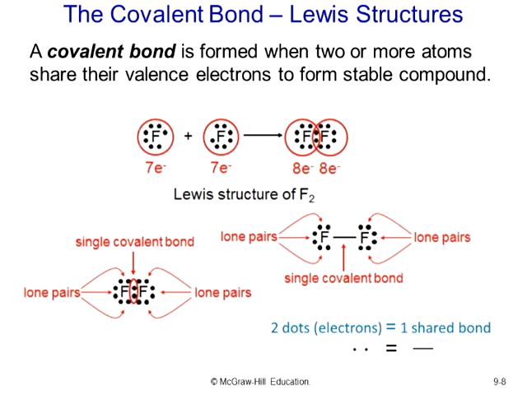It is pushing dots around in a way that makes sense for a stable compound. What makes sense for a stable compound is to have at least a single bond between the atoms and have lone pair electrons or leftover electrons around the atom to fulfill an octet rule or fit the exceptions to the octet rule, which you will learn.